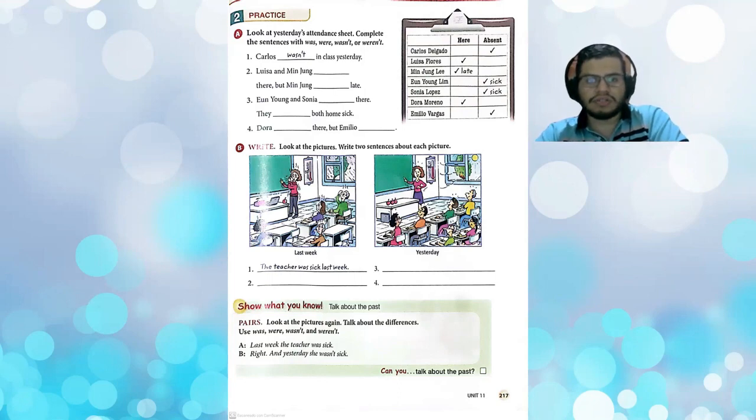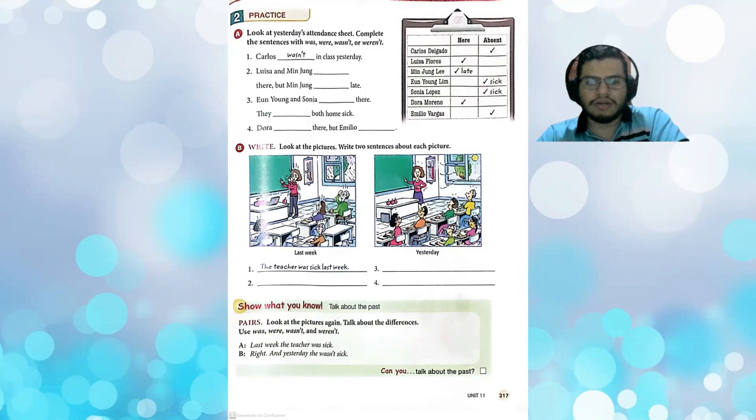Look at the pictures, write 2 sentences about each picture. For example, the teacher was sick last week. The students, los estudiantes también estuvieron enfermos. The students were sick last week. La siguiente.